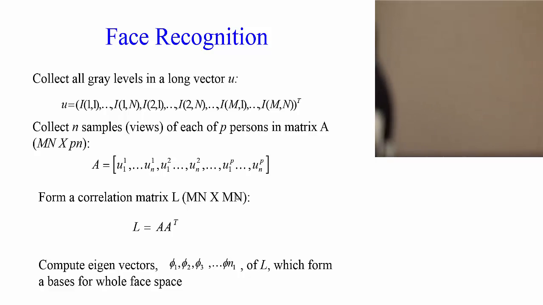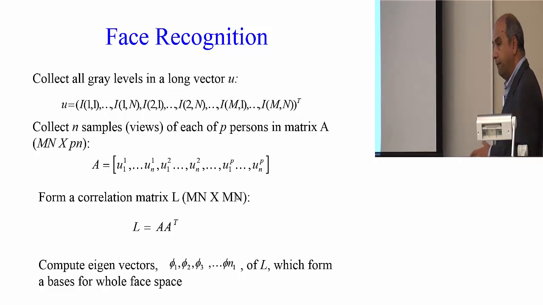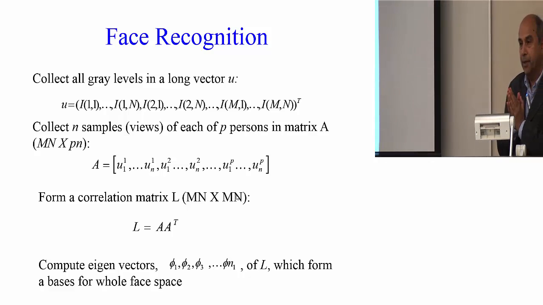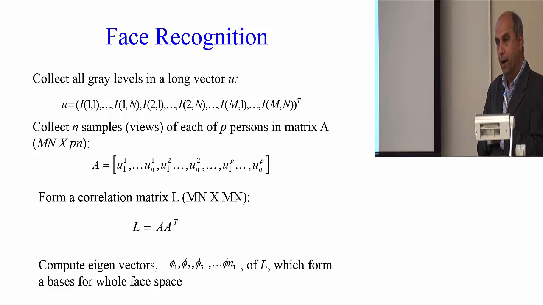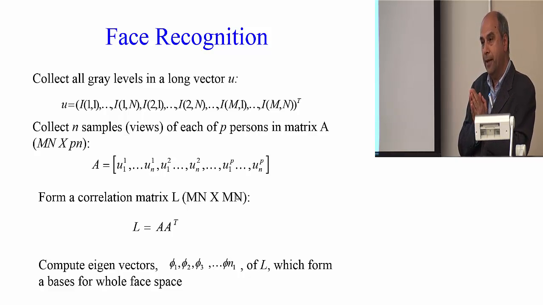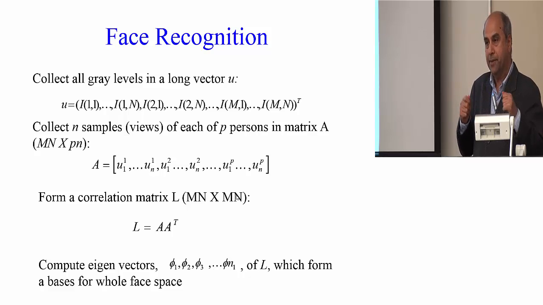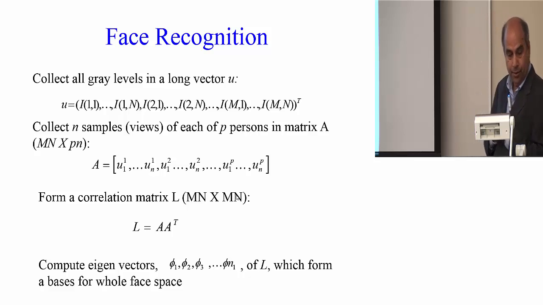We'll call them phi 1, phi 2 to phi n, and these will be the bases of the face space, so that we can represent any face as a linear combination of these eigenvectors, or these are called principal components. So we want to find these eigenvectors. First, there will be fewer of those, and the other thing will be that they will be sufficient to express any one of the images as a linear combination of those eigenvectors.